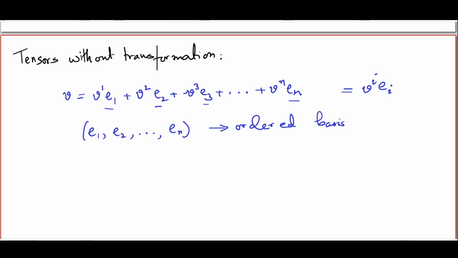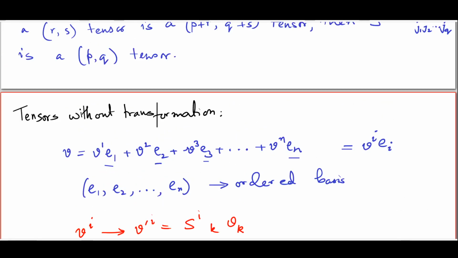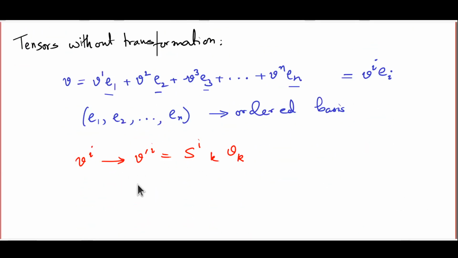In other words, the transformation laws really go like this. Under a coordinate transformation, the fact that Vi is transformed in this manner can really be figured out as a consequence of the fact that the Eis, the basis vectors, transform like this.